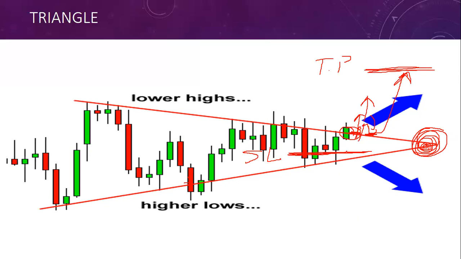To know how many pips I will gain from this trade, I can measure the distance between here and here. I see this distance, for example, 50 pips, or let's say 70 pips here. So my take profit will be 50.